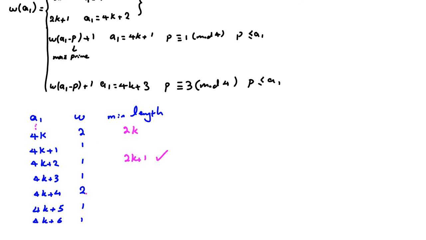Now for 4K plus 4, we know the second player is the winner. If you consider all these numbers, the first player knows that in this case he will lose, so he wants only to maximize the length of steps. Between them, you can prove by induction again. The maximum one is 2K plus 1.